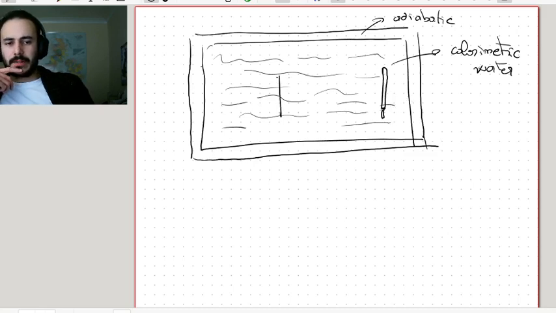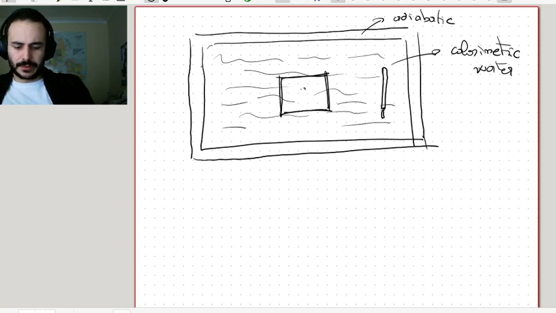And here you have your system, and something is happening to your system. As a result of that something that happens to your system, you see that the temperature of your thermometer goes from 14.5 degrees Celsius to 15.5 degrees Celsius.